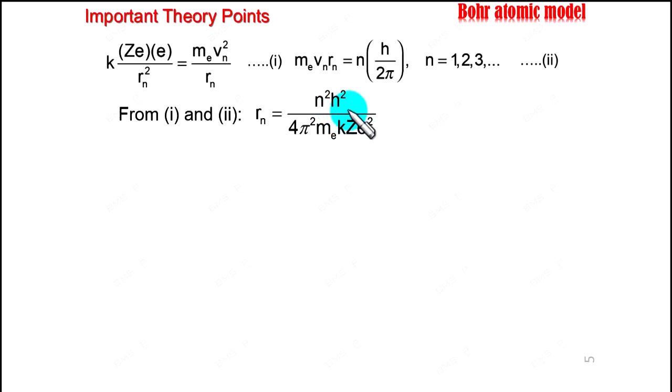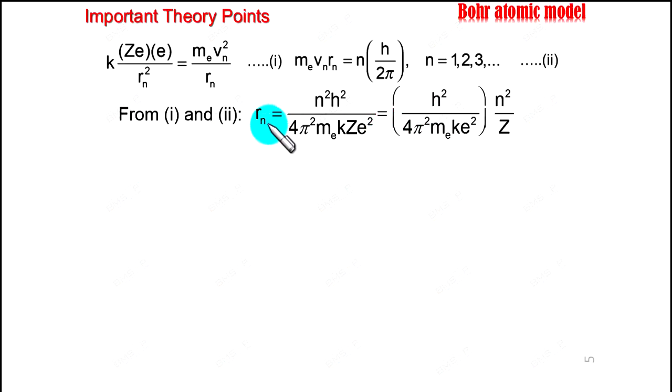We can observe here that h is the Planck constant, 4 pi square is a constant value, me is constant, k is constant and e is constant. We can write the constant values separately in a bracket. Here n is a variable, the number of the orbit, and Z is also a variable, depending on the atomic number.